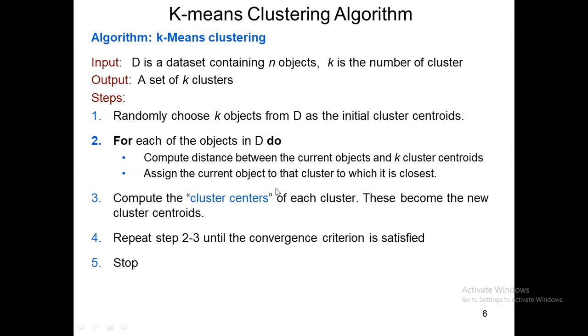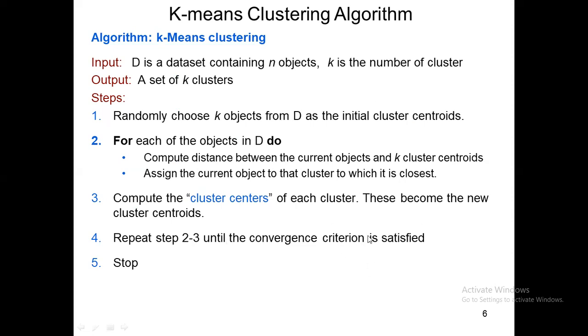And compute the cluster centers of each cluster. These are a few key points that we have to understand, like cluster centers, and this becomes the new cluster centers, right? So this step will be repeated two or three times until the convergence criterion is satisfied.